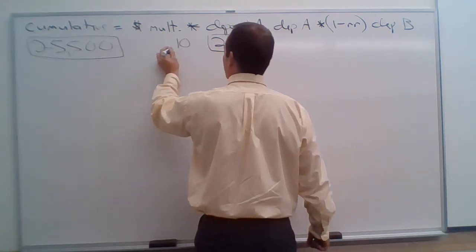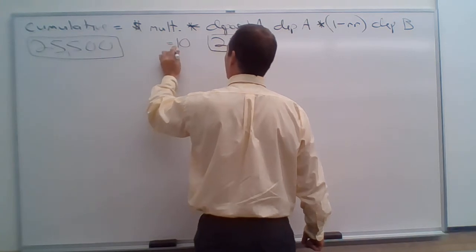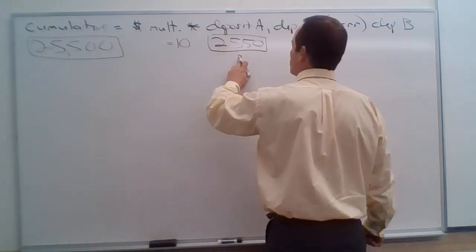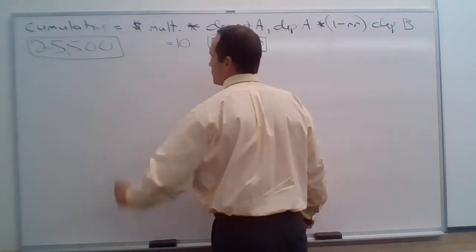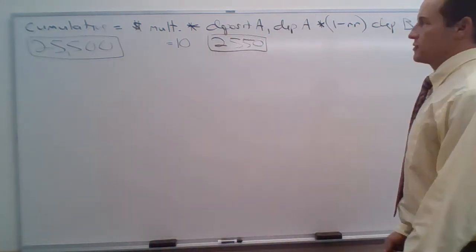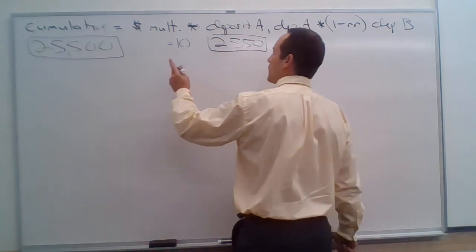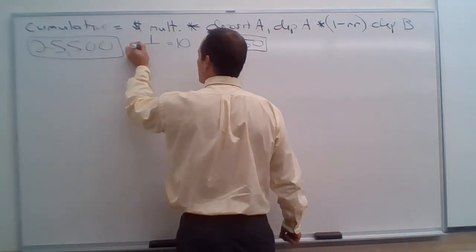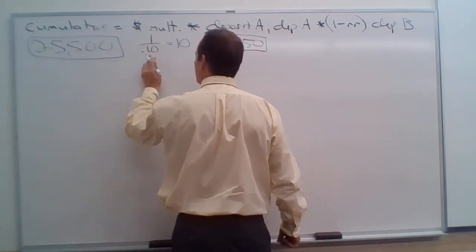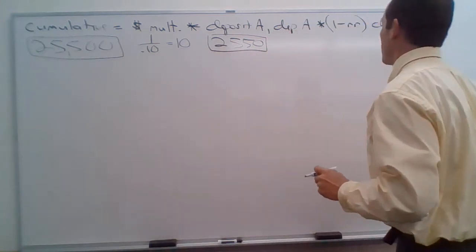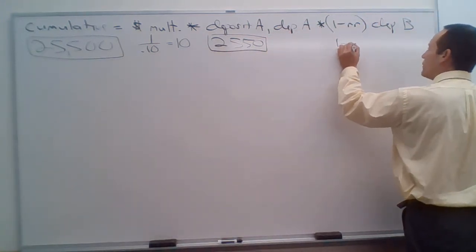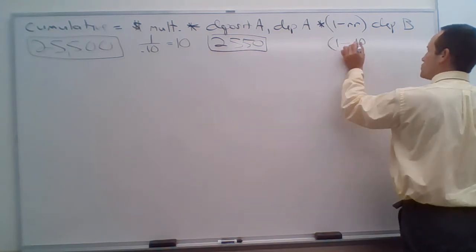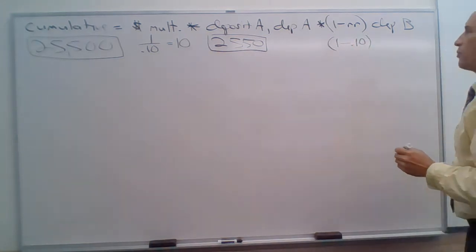That $2,550 times 10 equals 25,500. If the multiplier is 10, then we know the reserve ratio must be 0.10. So if we plug that in, we're going to have 1 minus 0.10, which is another way of saying 0.90.